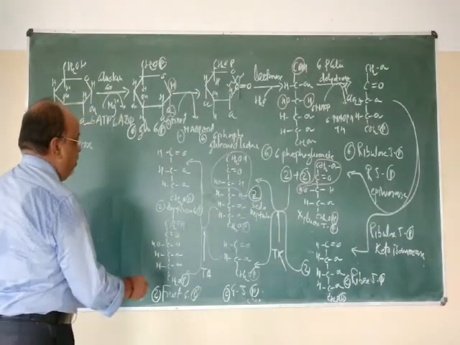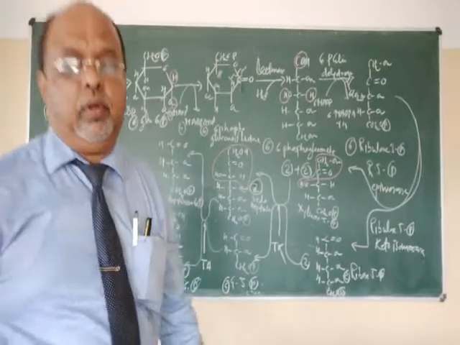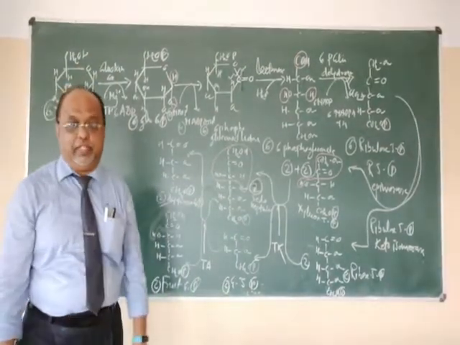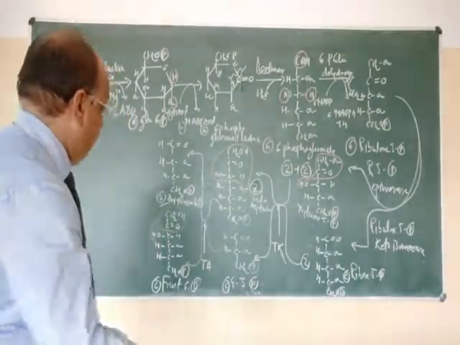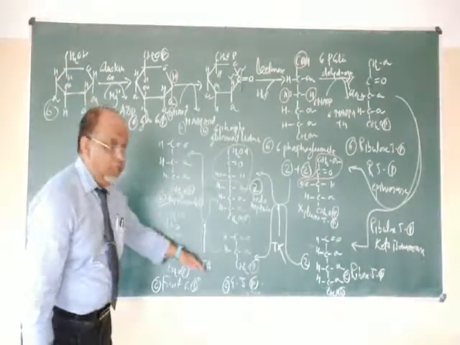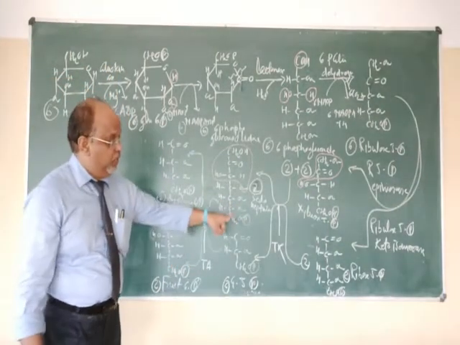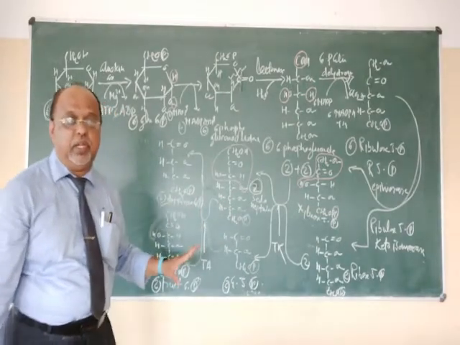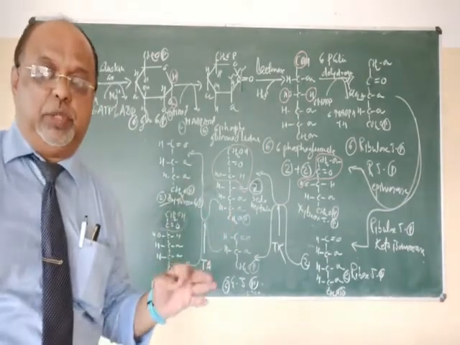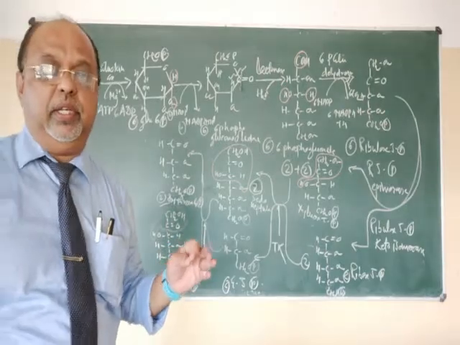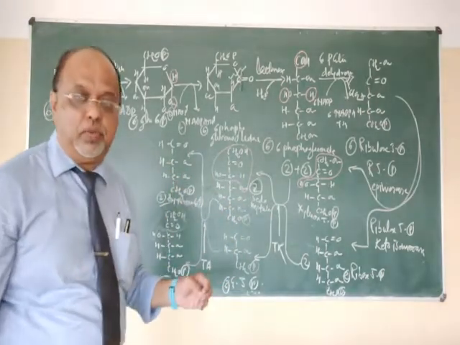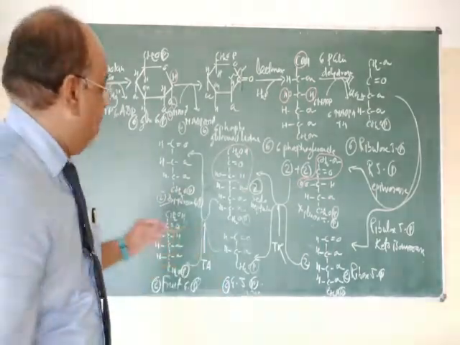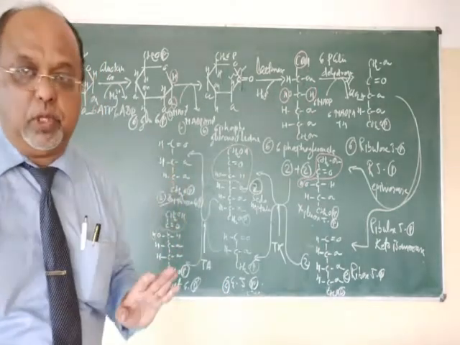Now let us talk about the next step. This next step is catalyzed by the same enzyme, that is transketolase. Transketolase is responsible for the removal of a 2 carbon fragment from xylulose 5-phosphate, and it is transferred to erythrose 4-phosphate.